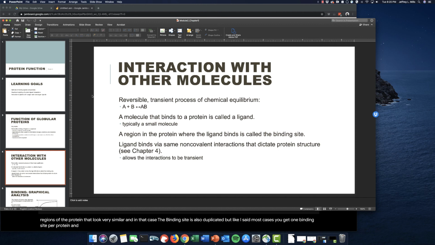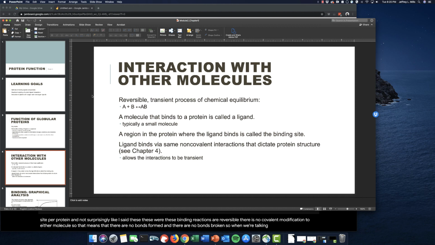And not surprisingly, like I said, these binding reactions are reversible. There is no covalent modification to either molecule. So that means that there are no bonds formed and there are no bonds broken.